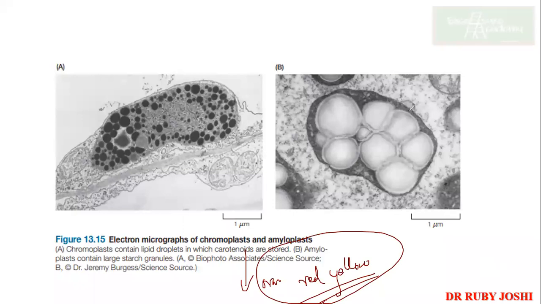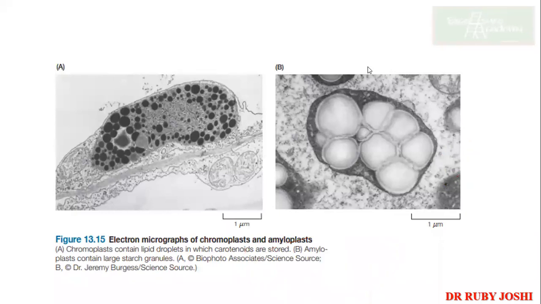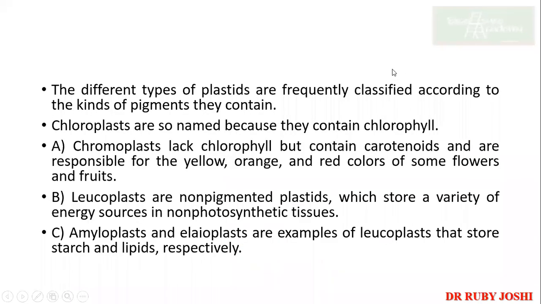Okay, now coming to the amyloplast. From amylo, you can understand that it is related to starch. So these are the starch granules which are present. From here they came to know that there are different types of plastids and they have different functions. For example, chloroplasts are named because they contain chlorophyll, a green pigment.